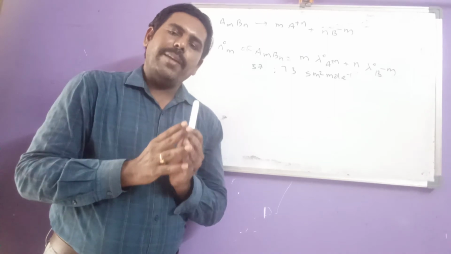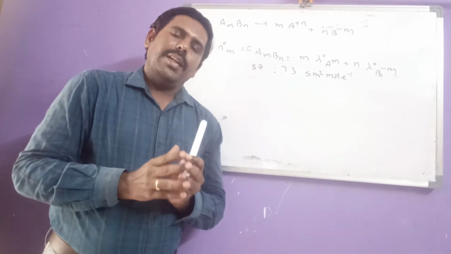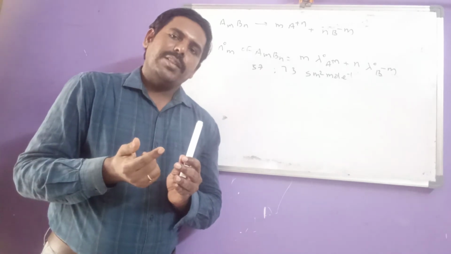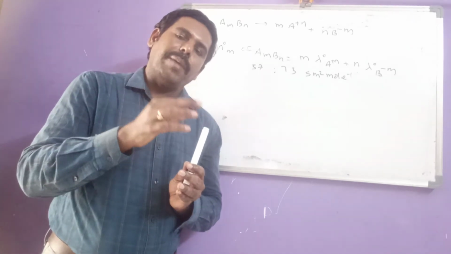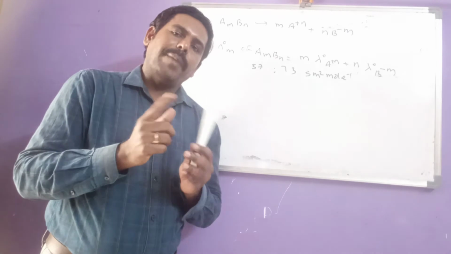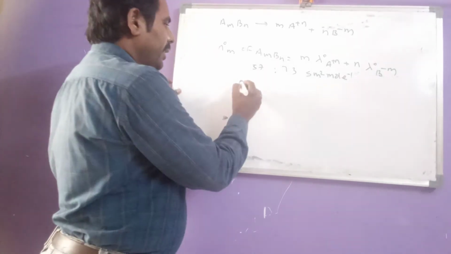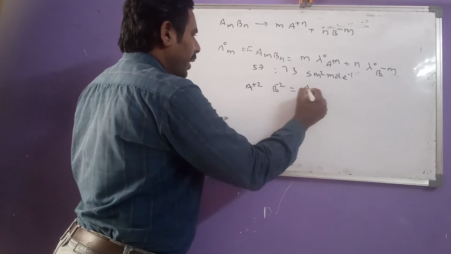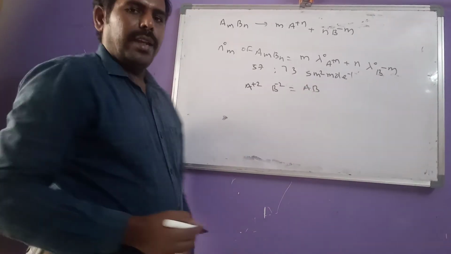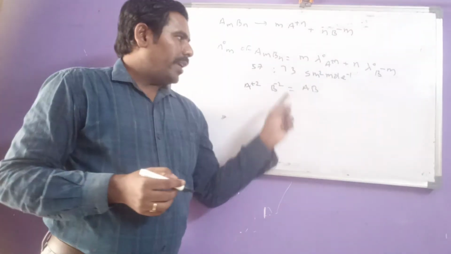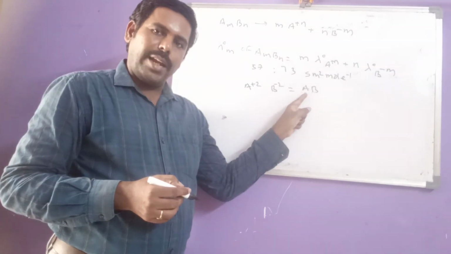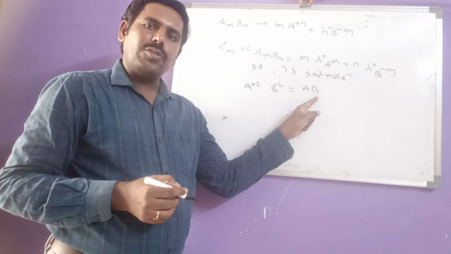So they have given bivalent. Bivalent means A is in +2 state, B also in -2 state. Both are bivalent only. That means here A2+, B2- will combine and will give AB electrolyte. AB electrolyte is having one A2+ cation, one B2- anion.